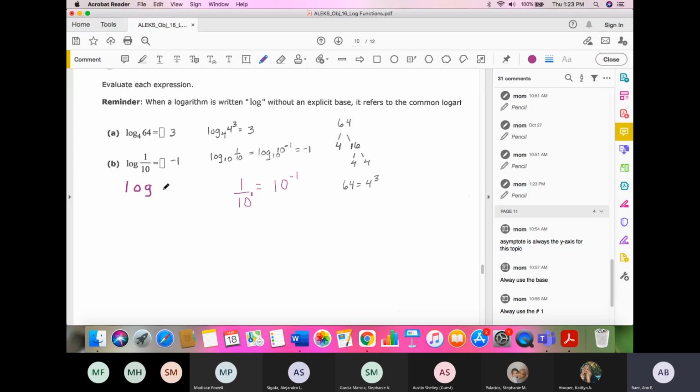This is what we call the common log. When we have log and there's no base written in, it's understood to be base 10. It's a common log. We work in base 10 in this country. So that's how you can remember that. We talk about numbers where we're using base 10.